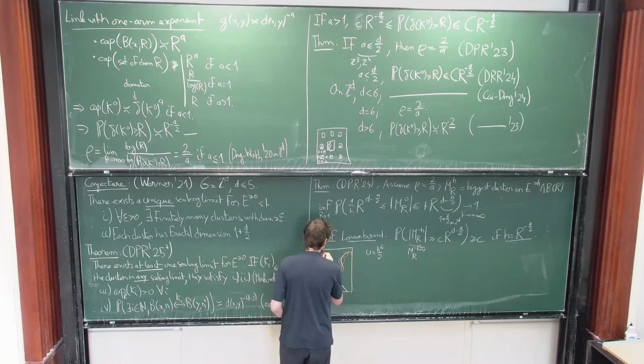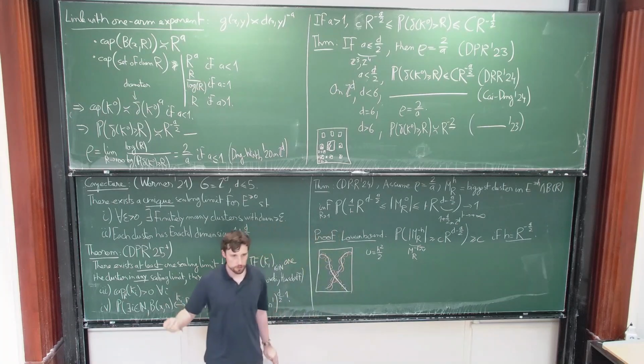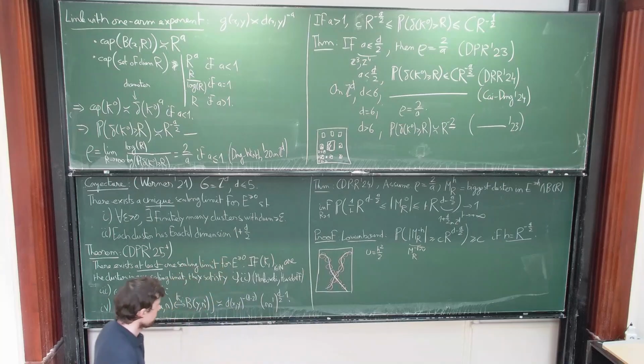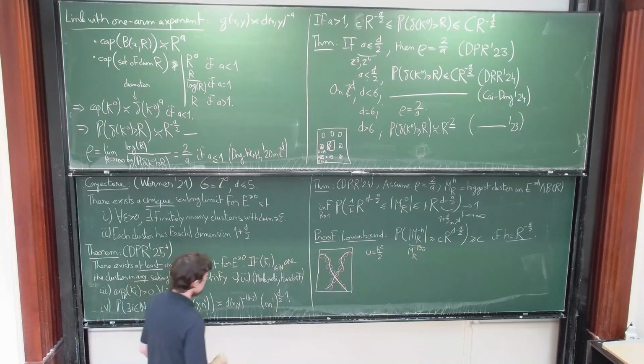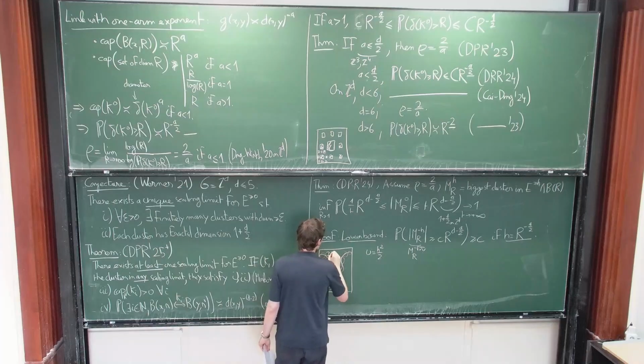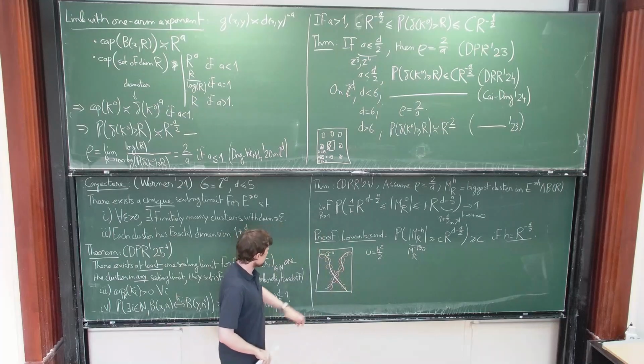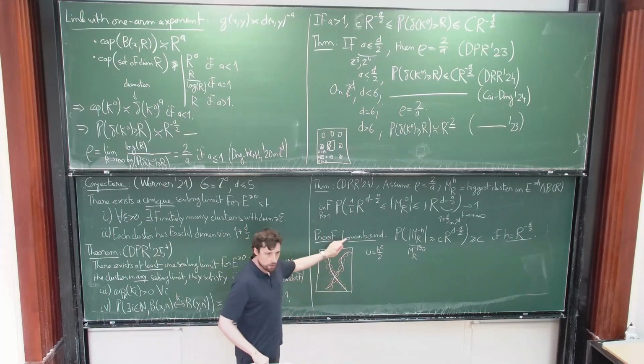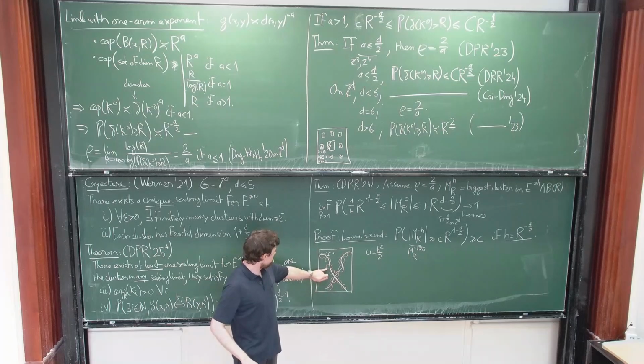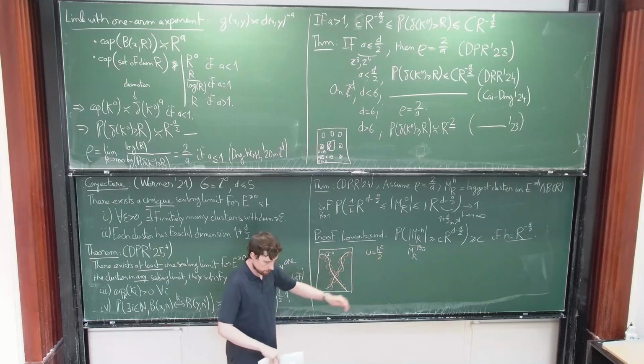And so at this level, your biggest cluster is clearly your infinite cluster. And so now what you want to understand is the size of this infinite cluster for this particular h here.